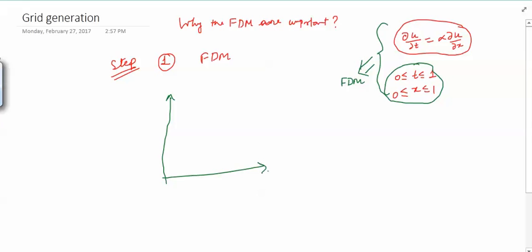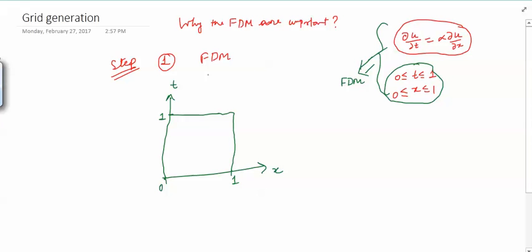This is my x-axis, this is my t-axis, and x is from 0 to 1. So this is x equal to 0, this is x equal to 1, and t is from 0 to 1 similarly. This is my domain where I have to solve my partial differential equation.